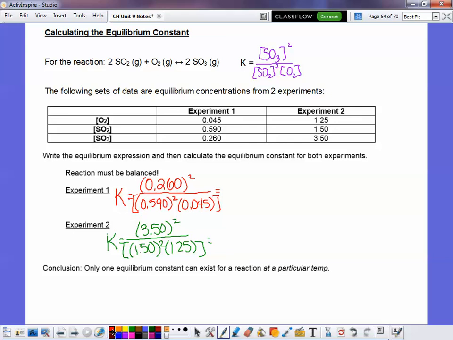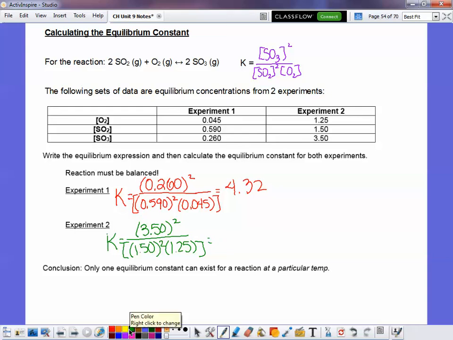So what did you guys get? Has anyone gotten the experiment 1 K value? You did something wrong. 4.32? That sounds right. So if you didn't get 4.32, redo your calculation, try to find where your error is, make sure you can get 4.32.